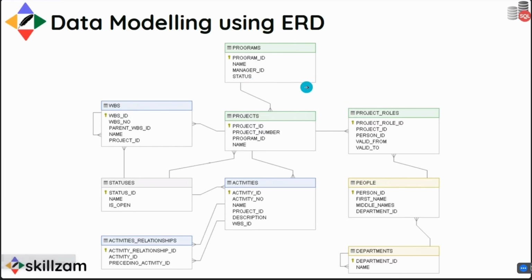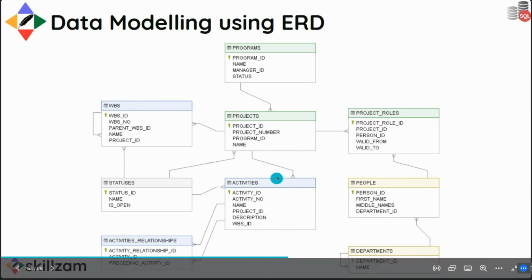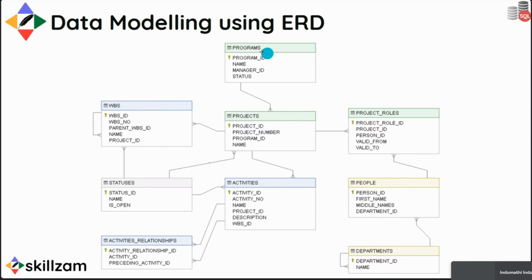Now this is about the software development life cycle. Okay, it is basically for SDLC. This particular diagram is created so that you can track the different programs, and these programs contain different projects, and these projects contain different activities. Okay, and the WBS.